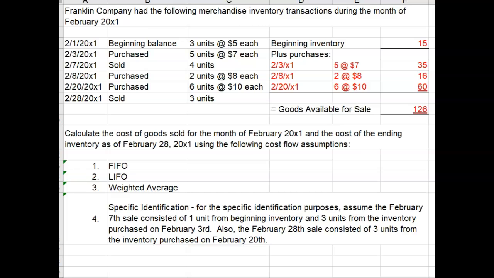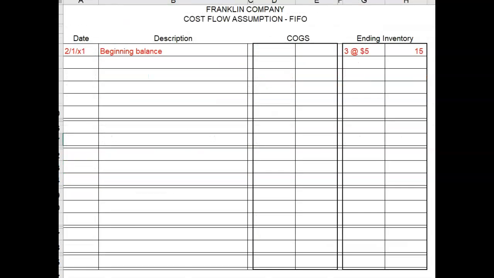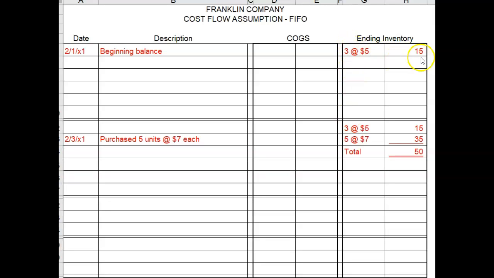In order to do that and to stay organized, I am going to transfer my beginning balance of inventory down to the next block before I record the newer inventory that's purchased. Let me show you what I mean. I brought these 3 units of the oldest inventory down to the new block. Now I can completely ignore everything in these 2 columns above the newest block that I'm working with.